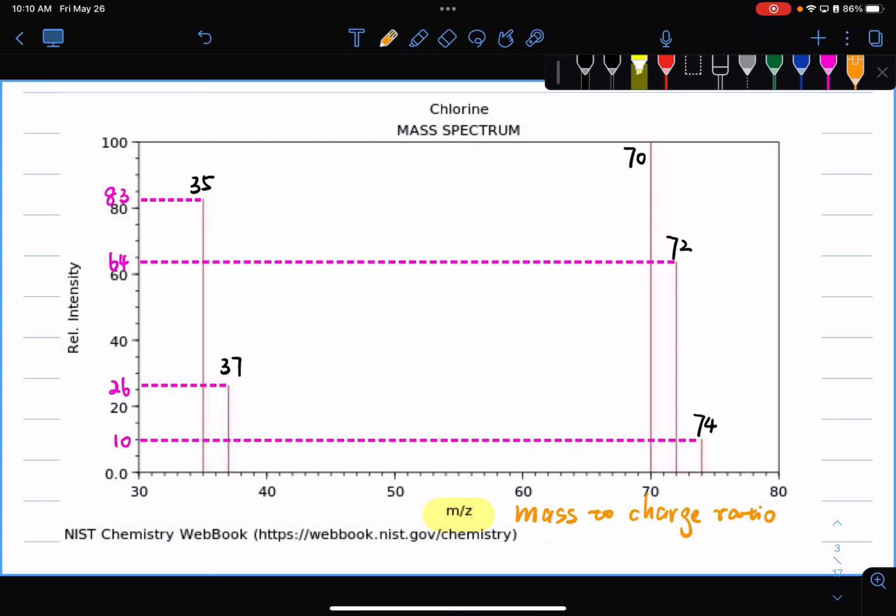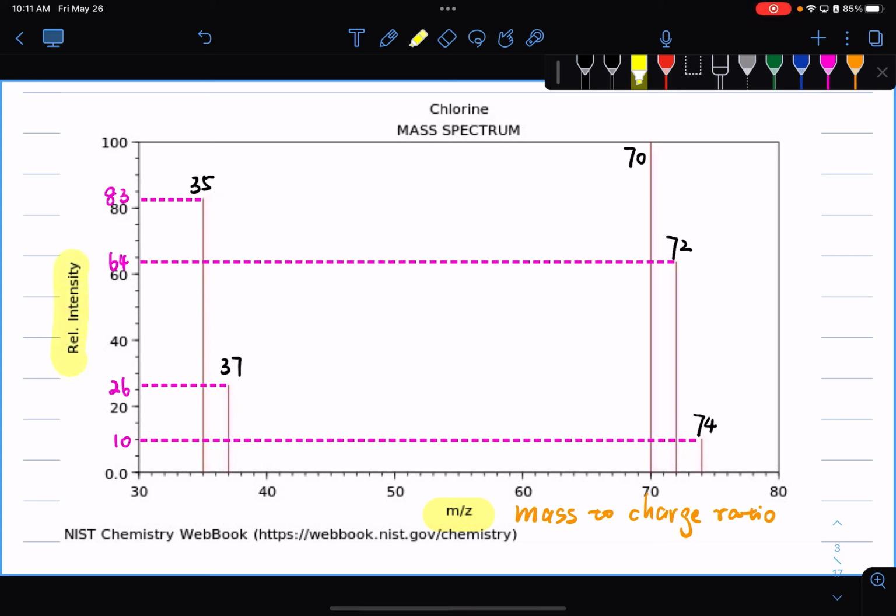For all the species we're caring about in our class, the charge is +1. So this mass to charge ratio is telling you the exact mass of that specific atom, fragment, or molecule we're talking about. So the x-axis is telling you information about the molecular mass or atomic mass of that fragment.